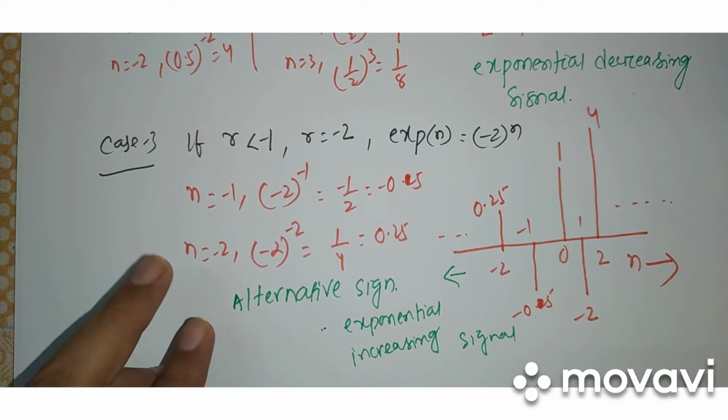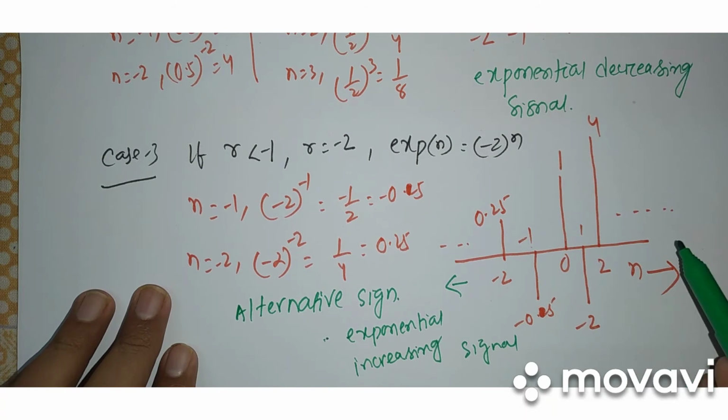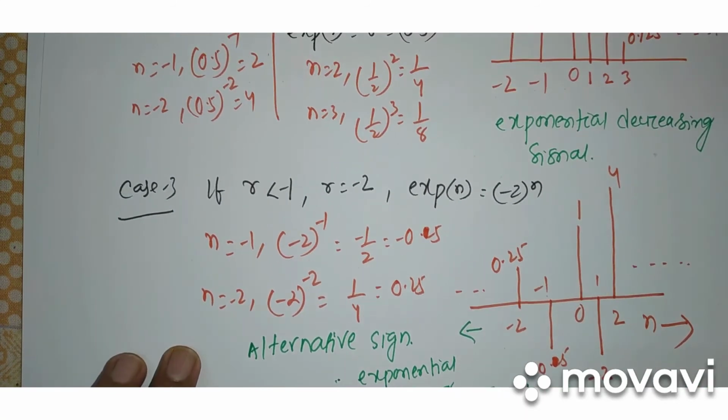Okay, so what did you get? If r is less than minus 1, you are getting an alternative sign exponential increasing signal.